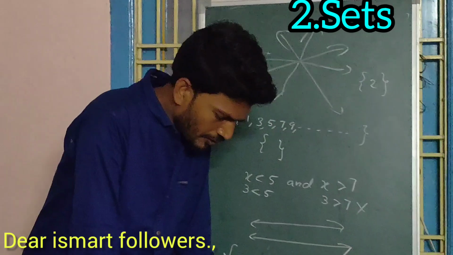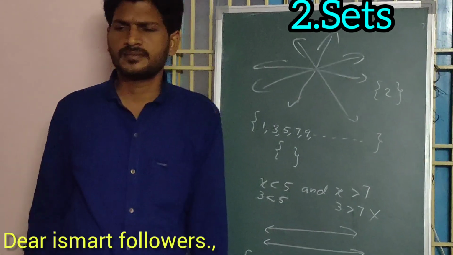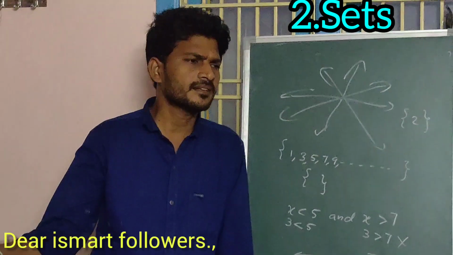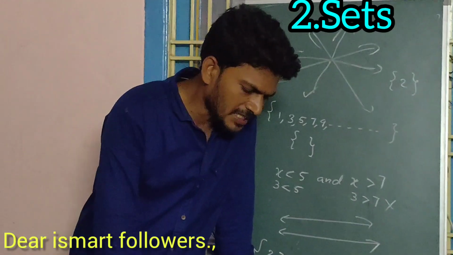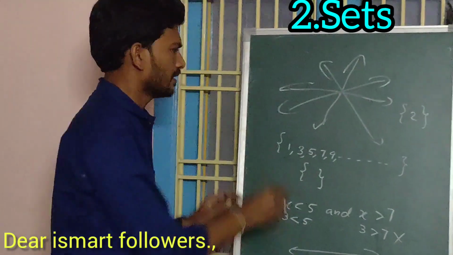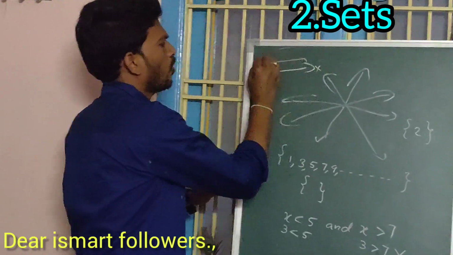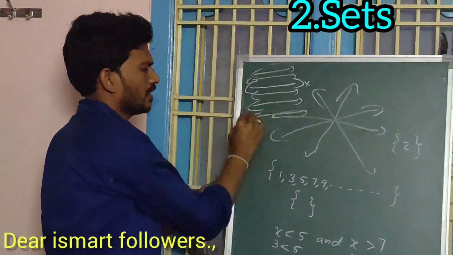Next, third: the set of letters in the English alphabet. Alphabets start from A, B, and end. So finite or infinite? Right. The set of lines which are parallel to the x-axis. This is the x-axis. We can draw so many parallel lines like this. So finite or infinite?